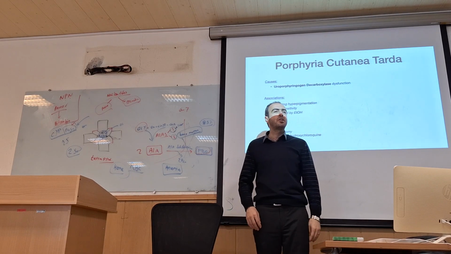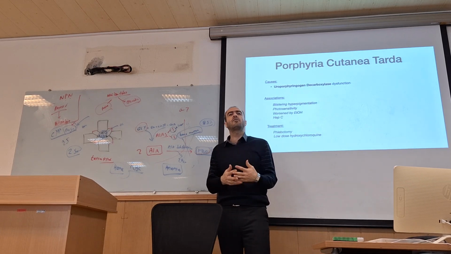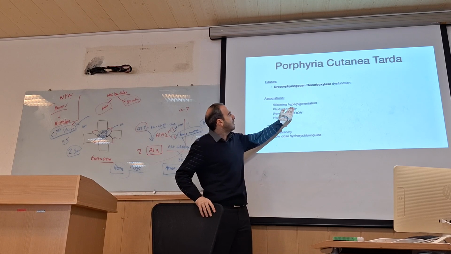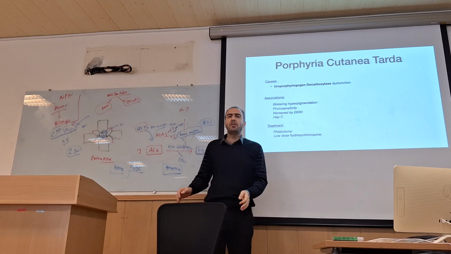Porphyria cutanea tarda: cutaneous means skin, so we have a problem in the skin, with blistering and hyperpigmentation.